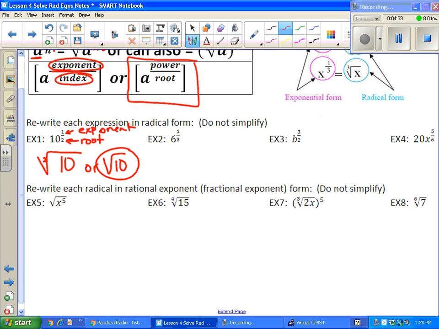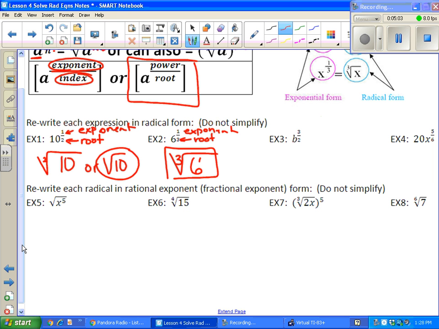So 10 to the 1/2 power is the same thing as square root of 10. 6 to the 1/3 power. The bottom number is the root, and the top number is the exponent. So I'm going to take the 3rd root. You have to put a 3 there. 6 to the 1st power, or the 3rd root of 6. Okay, 3rd root of 6.